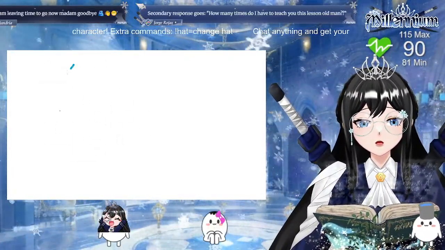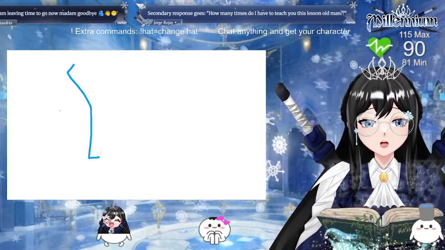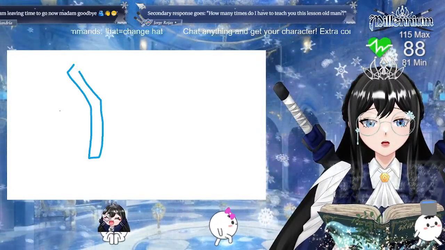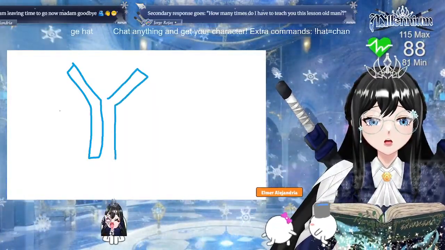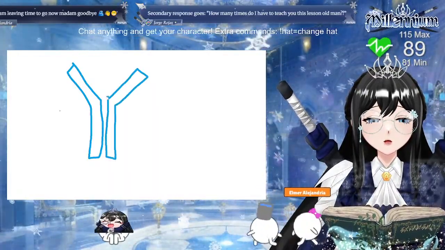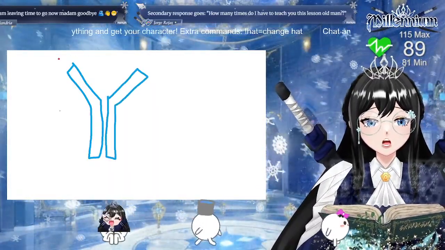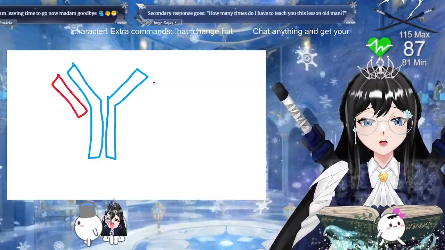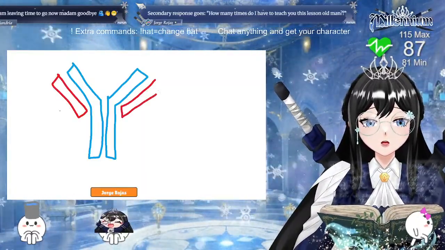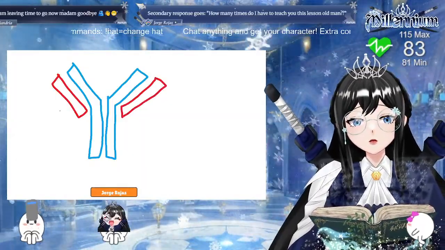One more time. Okay, heavy chain and then light chain.